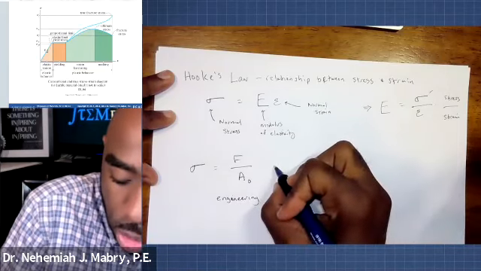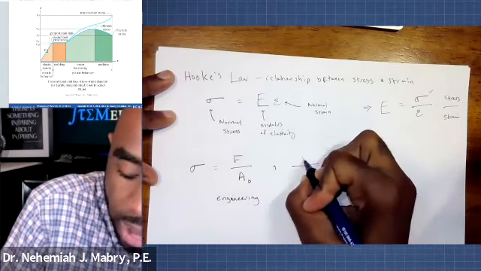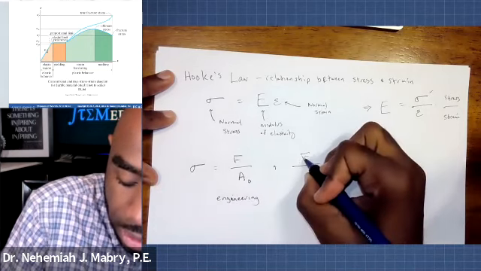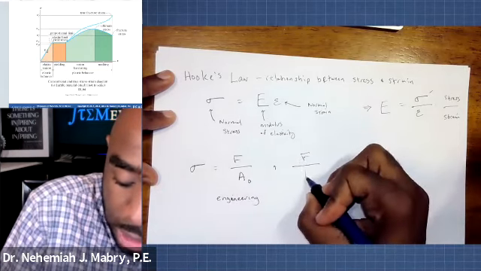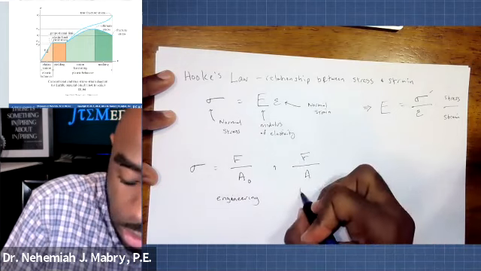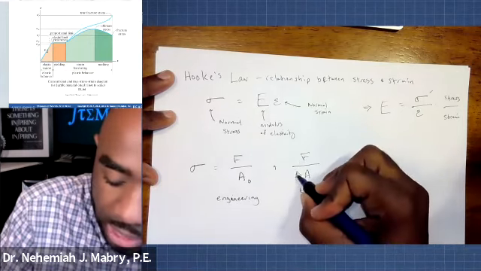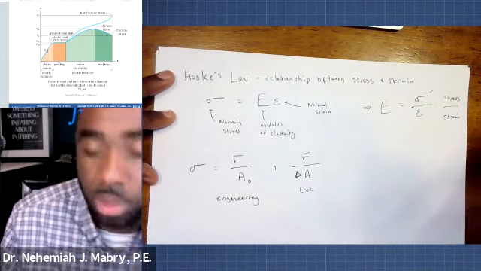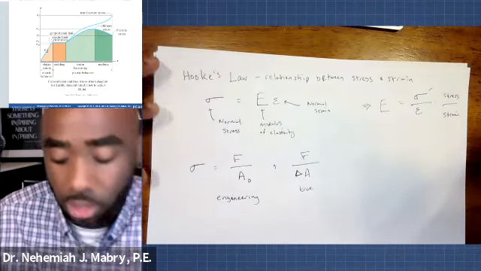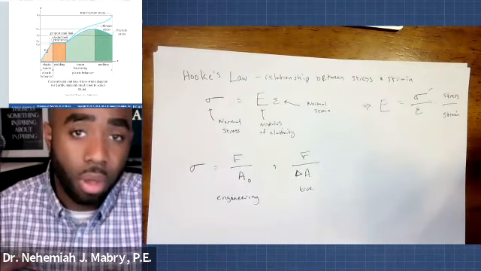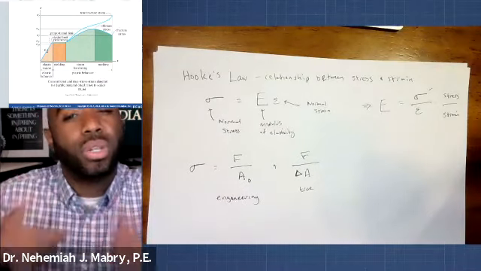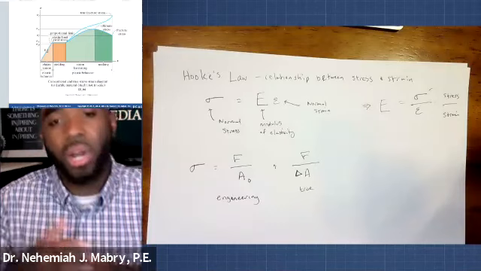when it comes to true, the value is still F over A, but it also takes into account that this A is going to be changing. So as the cross-sectional area gets smaller, true stress continues to divide by its accurate cross-sectional area at that point.